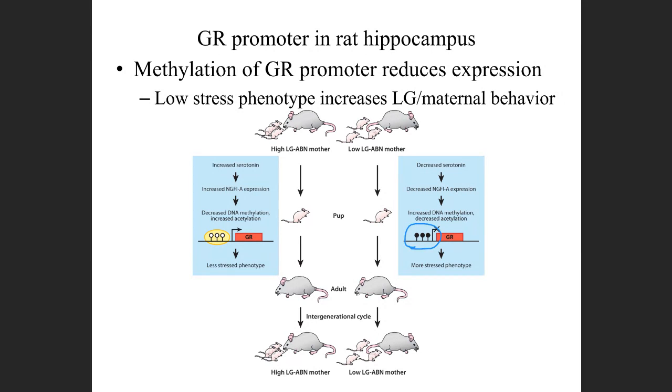That prevents the glucocorticoid receptor from being expressed. The brain has fewer receptors, and that leads to a higher stressed phenotype, higher stress hormones, greater fear of new environments, and lower licking and grooming behavior. So that trait ends up being passed on for multiple generations.